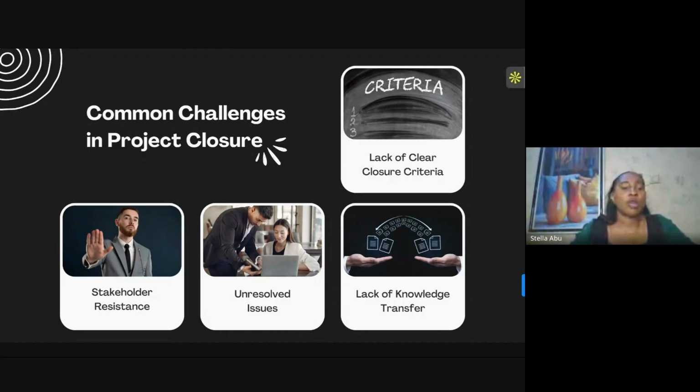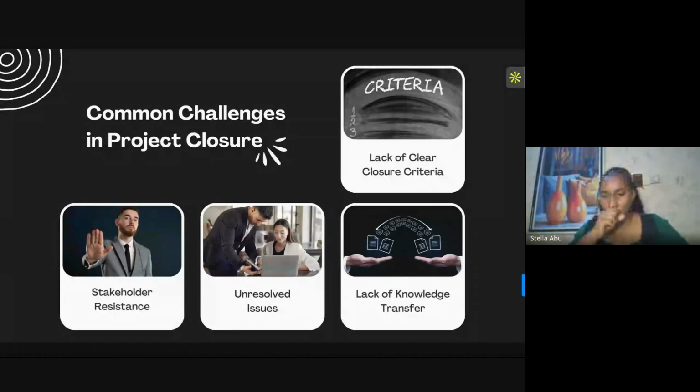They have proper planning, they've tried executing, but at the end of the day, their deliverable just did not come out right. And then trying to hand over what they've worked on to the owner or the users, as the case may be, there's always a problem, right? Now, the first one is lack of clear closure criteria. What does that mean?